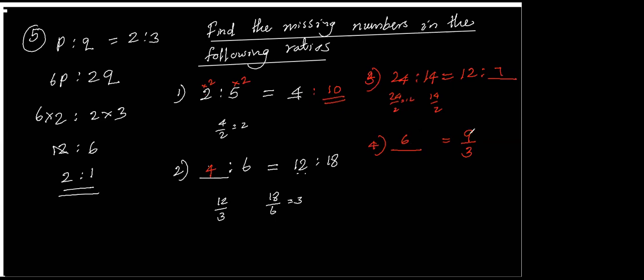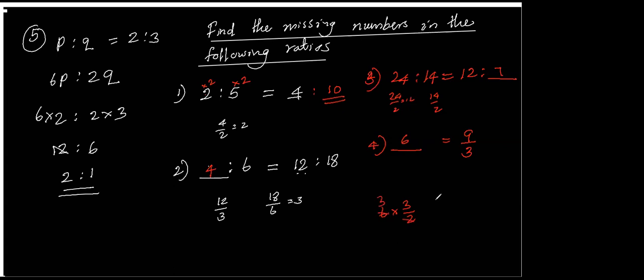To get 6, from which number do we have to multiply this one? They have divided this by 3. 9 divided by 3, we are not getting this one. So we have to multiply by 2/3. 6 into 2/3. 3 times 3 is 9.